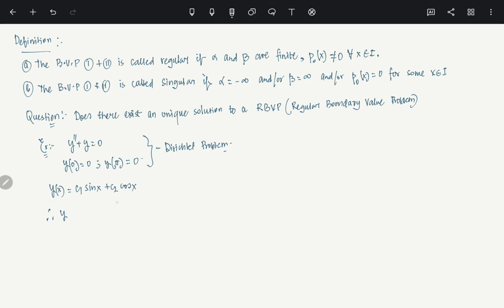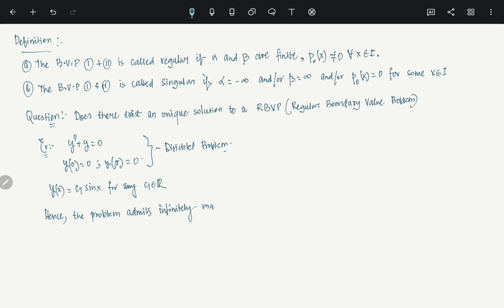So what is the solution? The solution is y equals c1 sine x, for any c1 in R. Hence the problem admits infinitely many solutions.